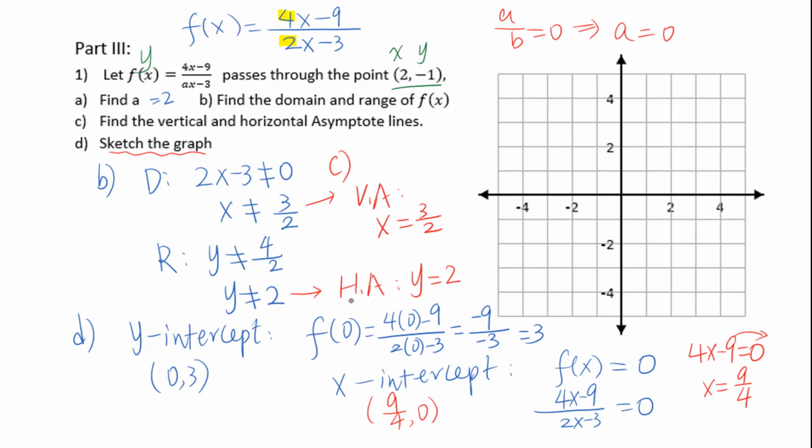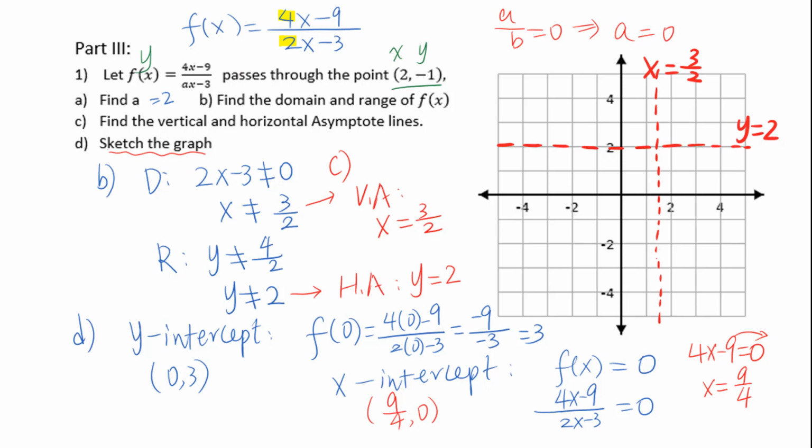First of all, you need to draw the horizontal and vertical asymptote lines when you sketch any rational function. 3 over 2, that's 1.5. It's here. So x equals 3 over 2. And this is y equals 2.